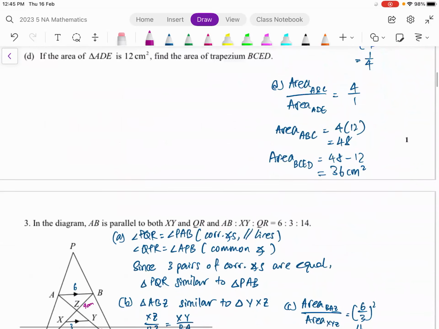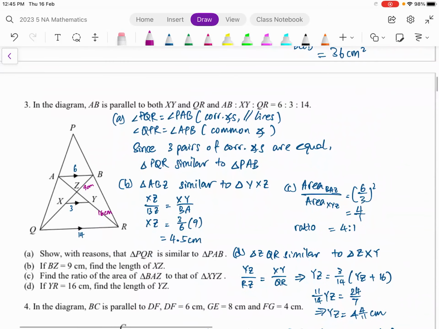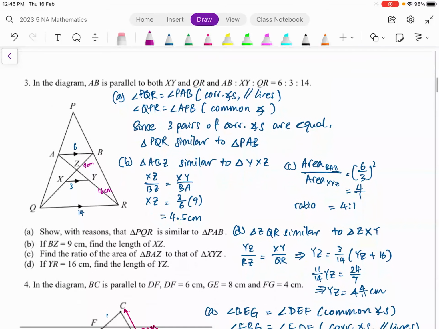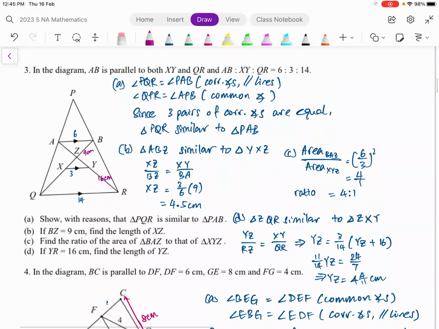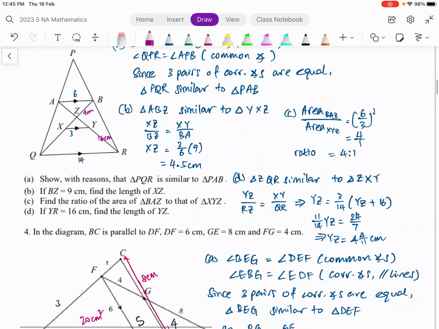Okay, then question 3. 3A, proving that they are similar. Anybody? No? 3B, 4.5 cm. Do you need help? Okay, 3C, ratio 4:1. 3D, the YZ value is 4 and 4/11 centimeters.